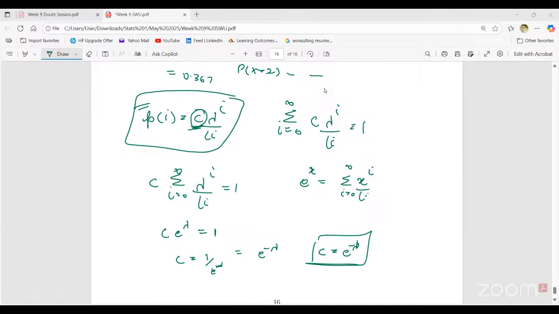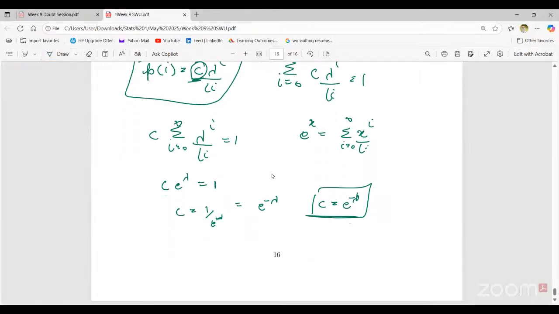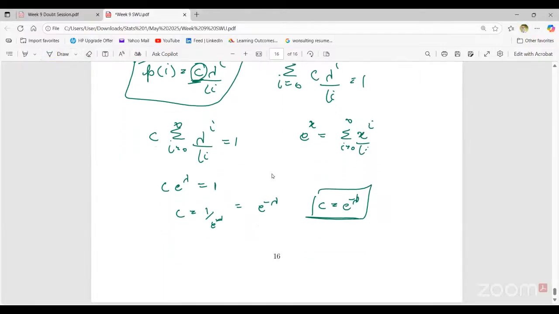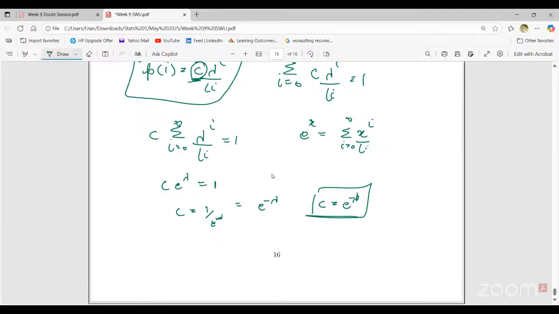First, you have to calculate the probabilities. So I'll just take one example.